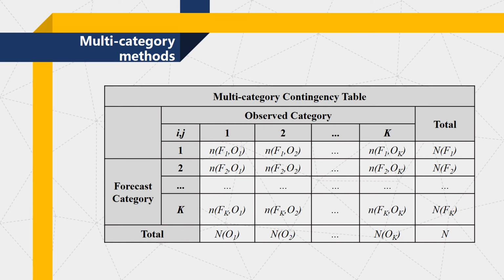Well, the multi-category method. The verification method for multi-category forecast is actually similar to the single category or general dichotomous forecast type as previously described.